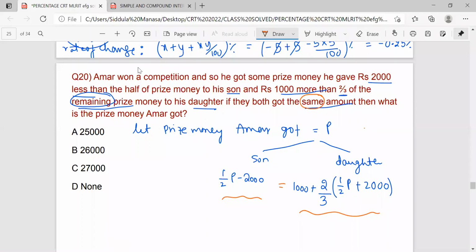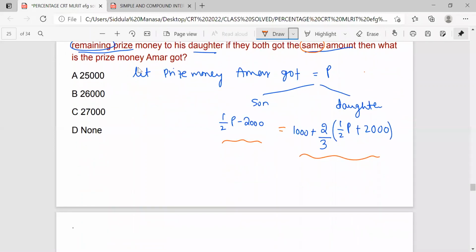Right? So we'll take the common denominator's help. If we take the common denominator, this will become P minus 4000 by 2, and on the other side the 3 goes here, so 3 into 1000 will become 3000, plus 2 by 3rd into 1 by 2P. The 2s cancel, so this will be P by 3.